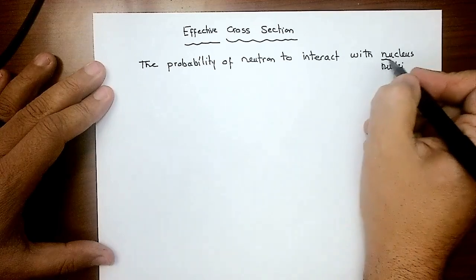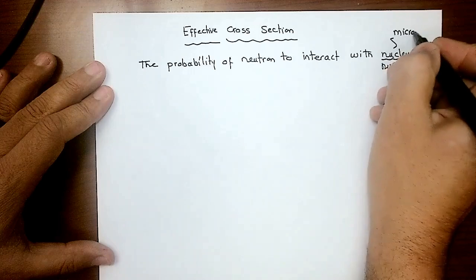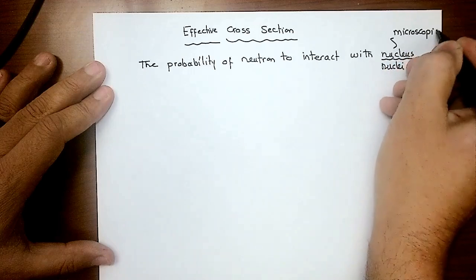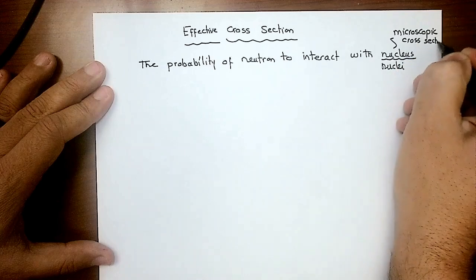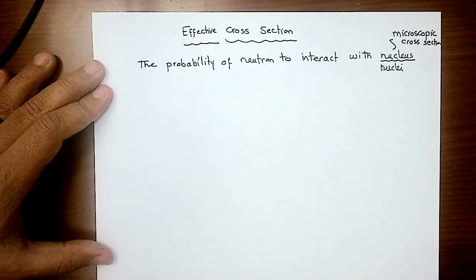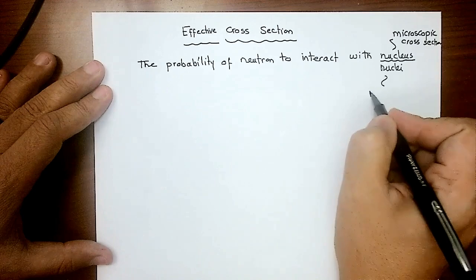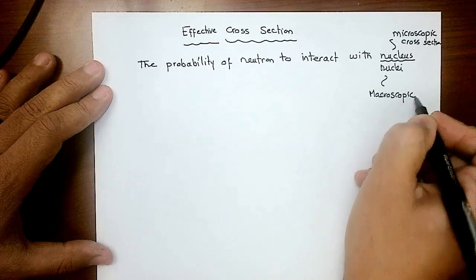If we talk about a single nucleus, we actually call that the microscopic cross section. So the probability of interaction with a single nucleus, we call that microscopic cross section. If we talk about a large number of nuclei, we call that the macroscopic cross section.